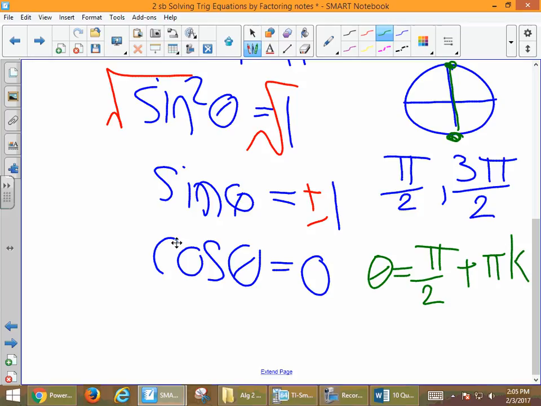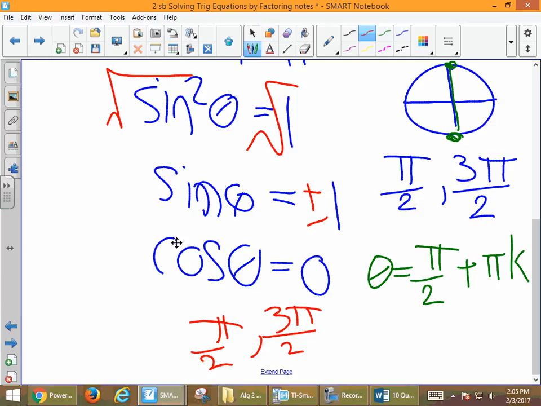But we also have cosine equals 0. So when does cosine equal 0? So pi over 2. Is that all? And 3 pi over 2. And so it's actually the exact same points as the ones we had before.